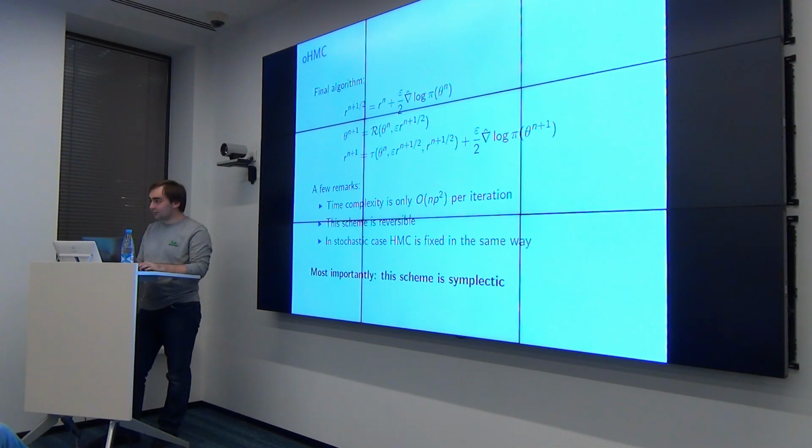So basically, in the proof you actually use how you define these operations, not just the fact that you have them defined. It's quite hard to define some retraction and vector transport that will still make the scheme symplectic for any manifold.